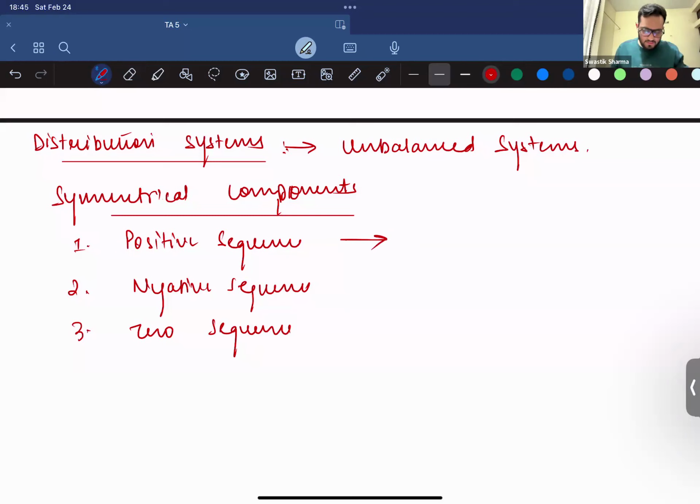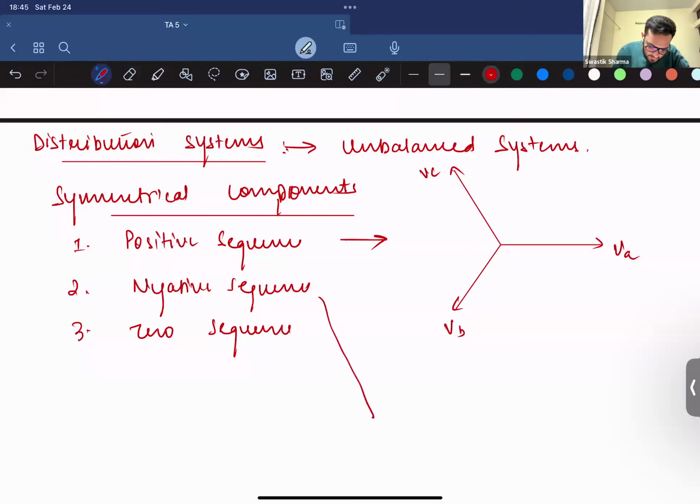In positive sequence, they follow the same phase rotation as your normal ABC phases. What is the normal phase rotation? They are placed 120 degrees apart, right? So this is VA, this is VB, and this is VC.